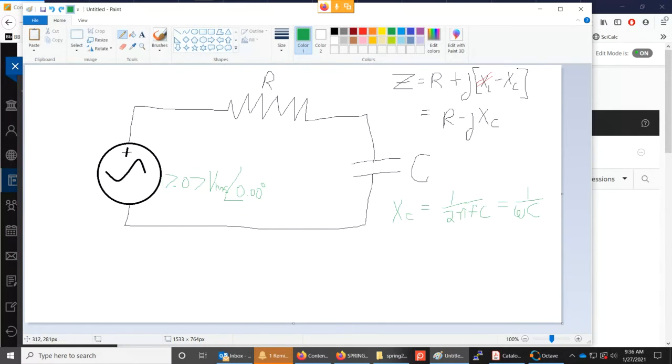So normally what we will do is we will shift our voltage waveform. We will look at it when the supply is 0 degrees. Okay, so we'll use that as our reference point.